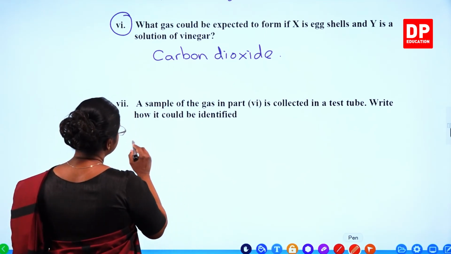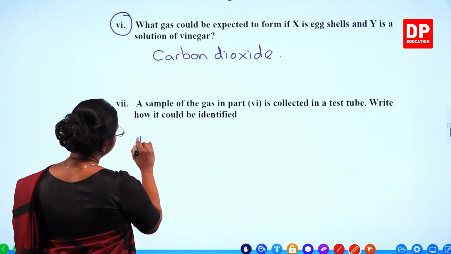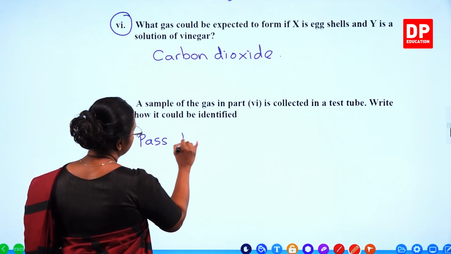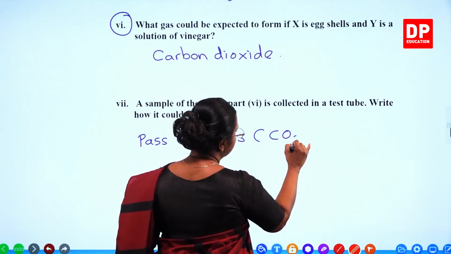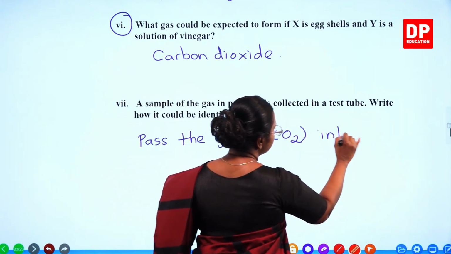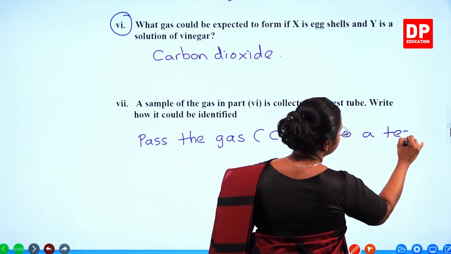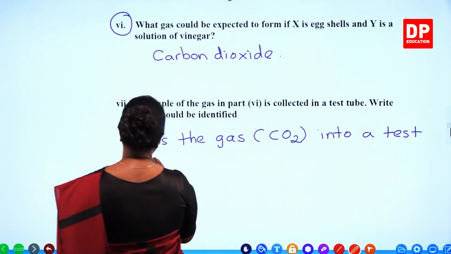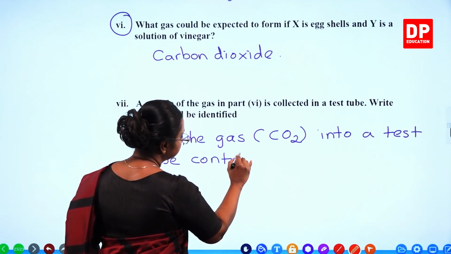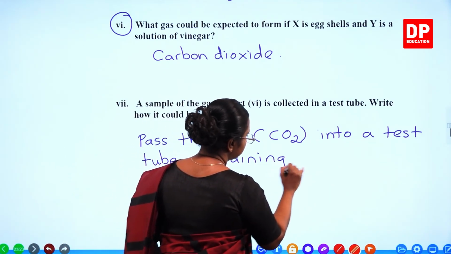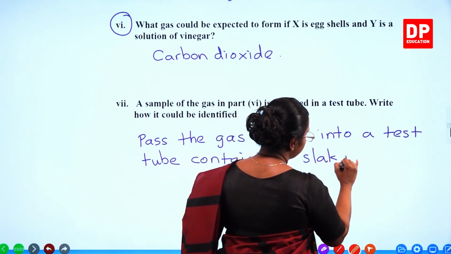So, here we can say pass the gas, carbon dioxide, into a test tube containing slaked lime solution.